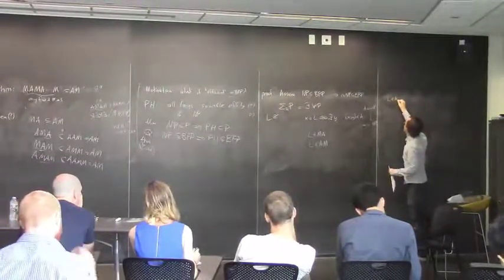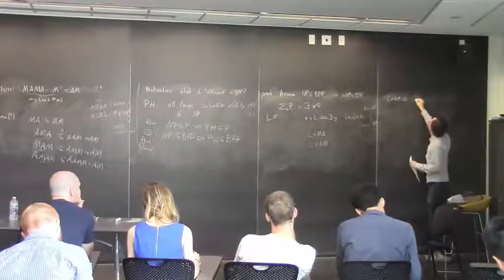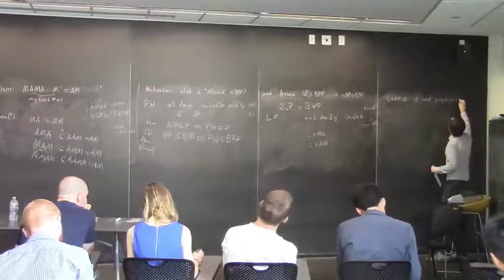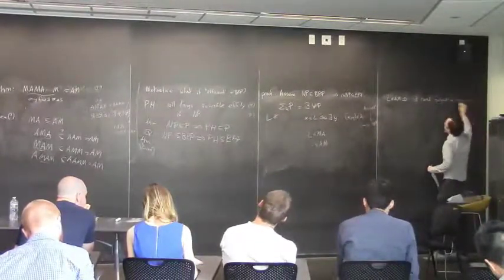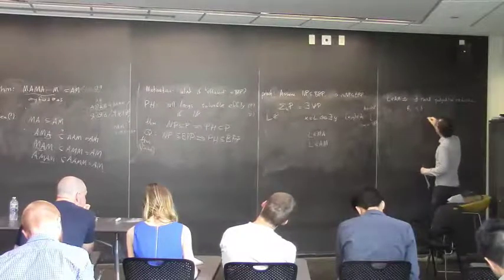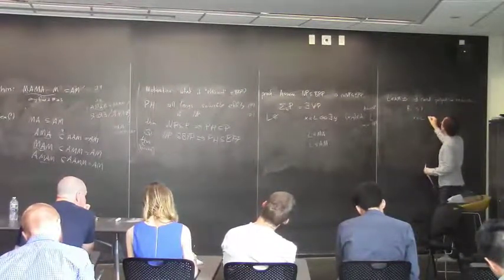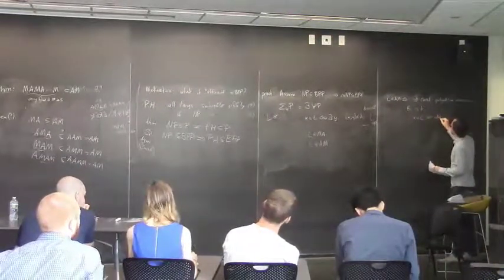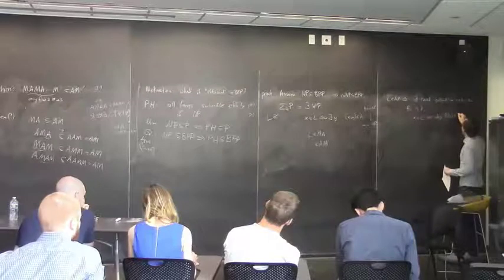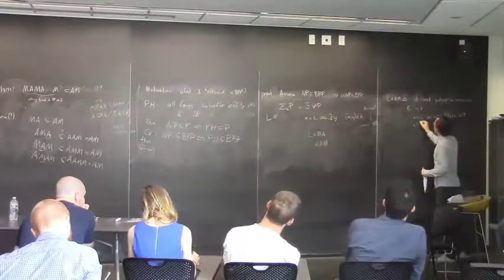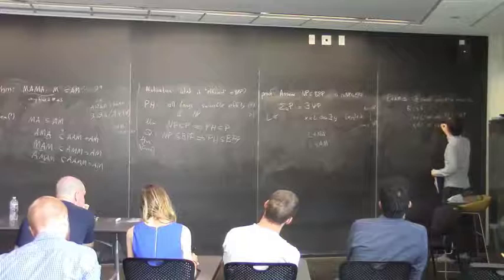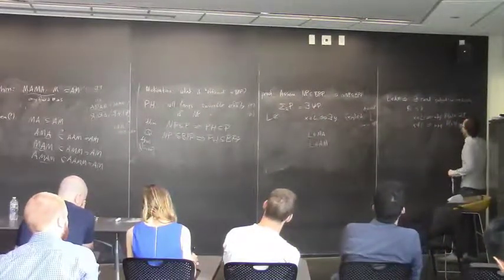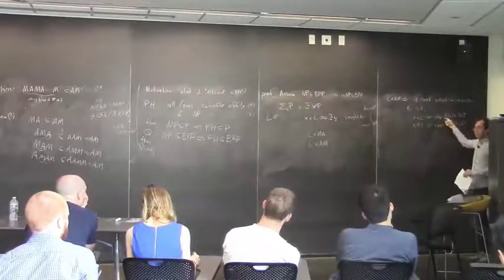So L in AM implies that there's a randomized polytime reduction R such that X is in L implies that with high probability R of X is in SAT, and X not in L implies that with high probability R of X is not in SAT, where R is a randomized reduction, so the "with high probability" is over the coins of R.